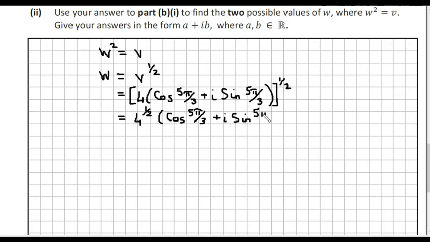What de Moivre's theorem says is you just multiply the power by the angle. But we're not going to do that just yet, because that power is a number between -1 and +1. So what we're going to do instead is write this in general polar form before using de Moivre's theorem. Anyway, 4 to the power of a half, that's the square root of 4, which is 2.